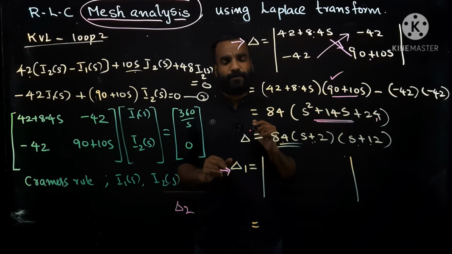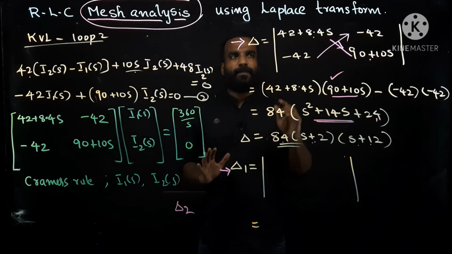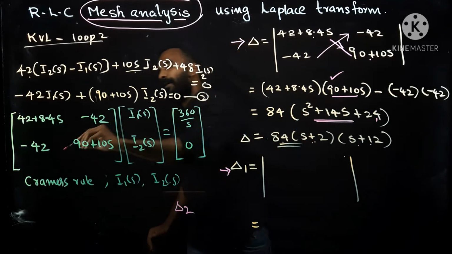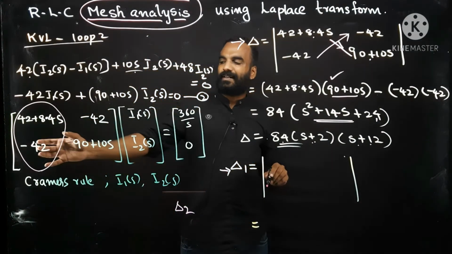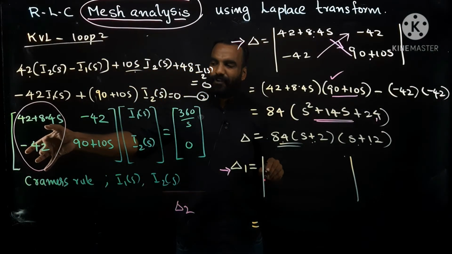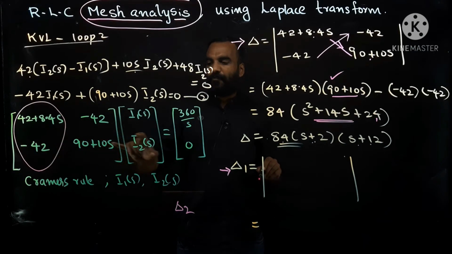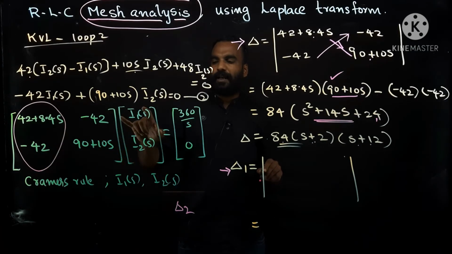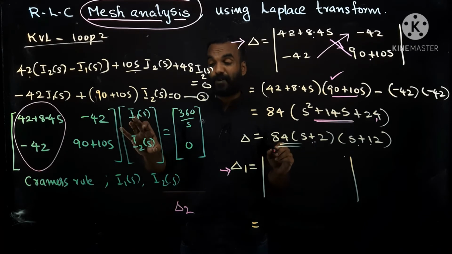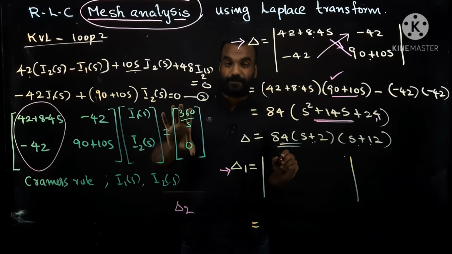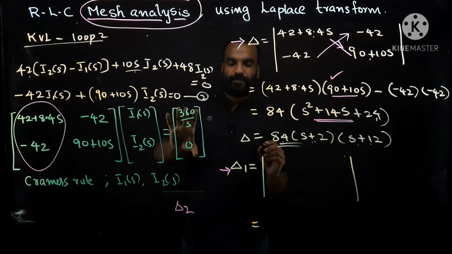And delta 1. What is delta 1? Delta 1 is nothing but a rearrangement of delta by replacing the first column, not with I1 of s and I2 of s, but with this right side matrix.